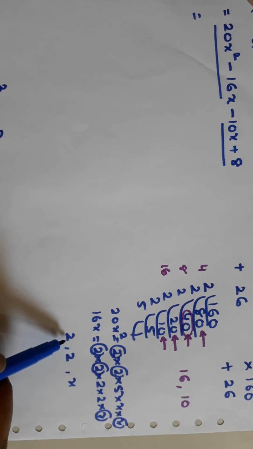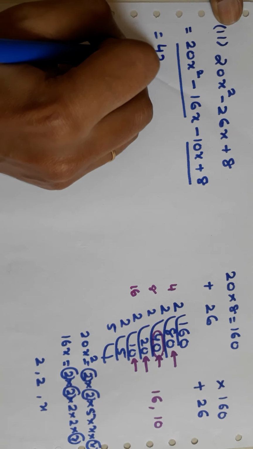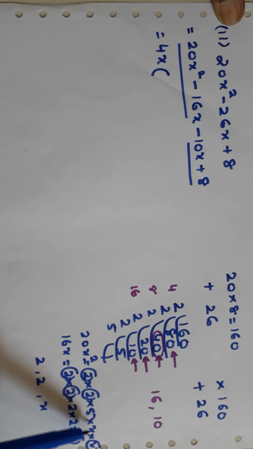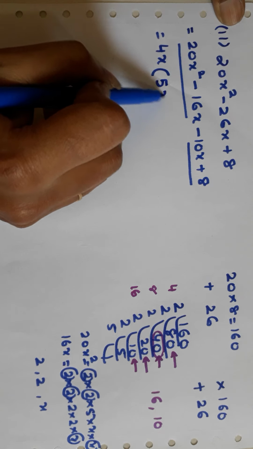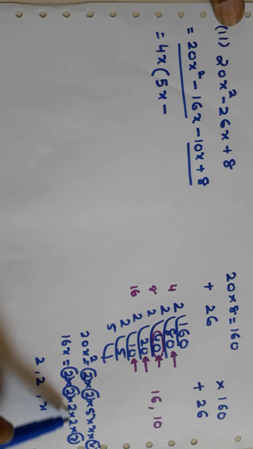So that means the common term is 2 into 2 into x, that is 4x. Put a bracket. In the first term, 5 into x, that is 5x, is left. Put minus sign here. In the second term, 2 into 2, that is 4.